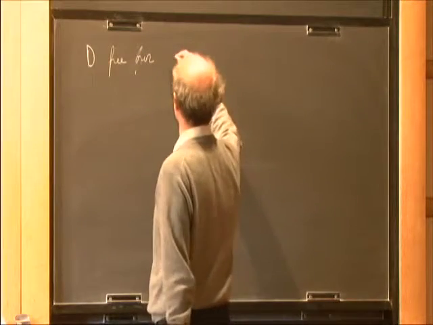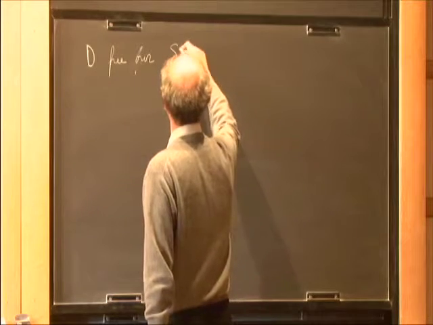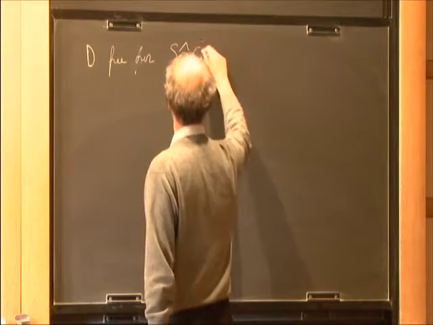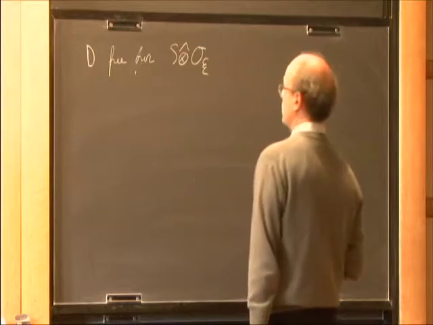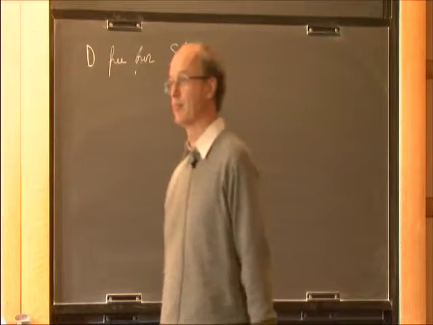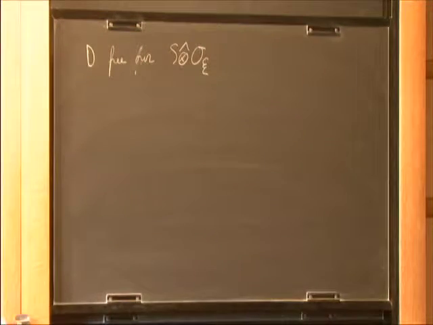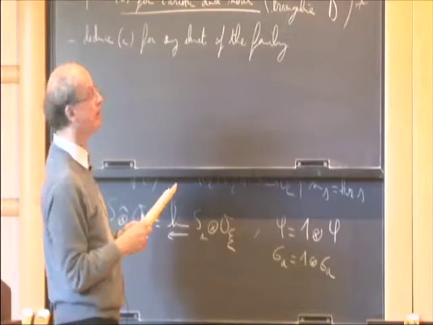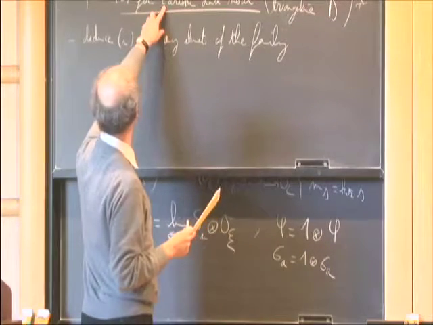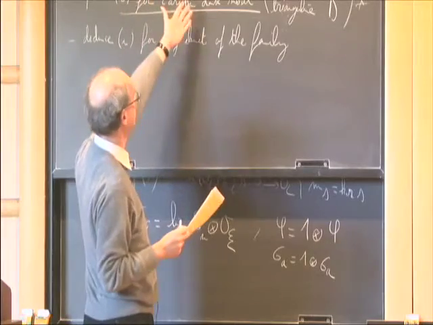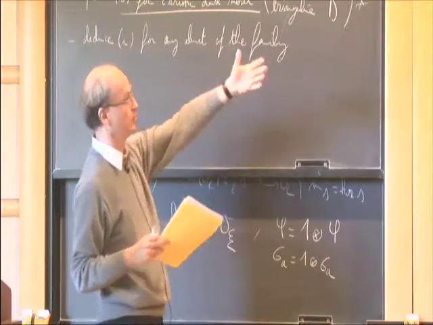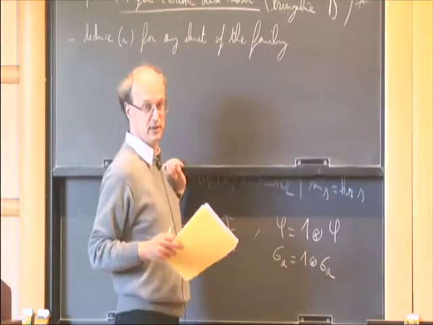So free over S tensor hat OE. The strategy would not work working with OL modulo over BU. I don't think so. I mean, the main point is you need that. Okay, and the only way I know to have the Zariski dense subset for which I can prove things is really to work in characteristic 0.